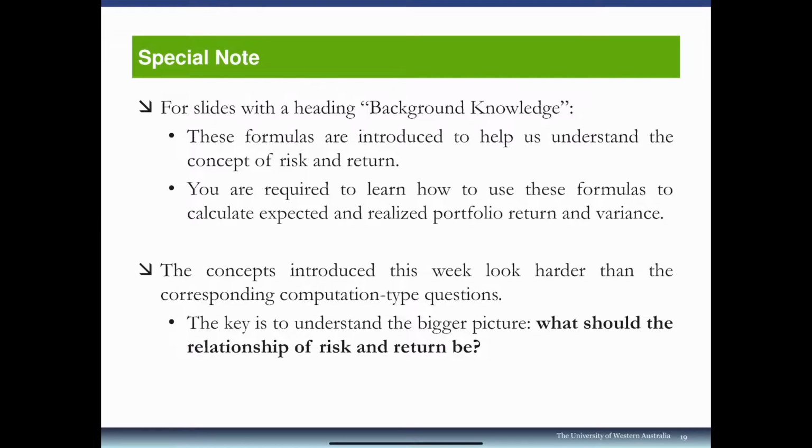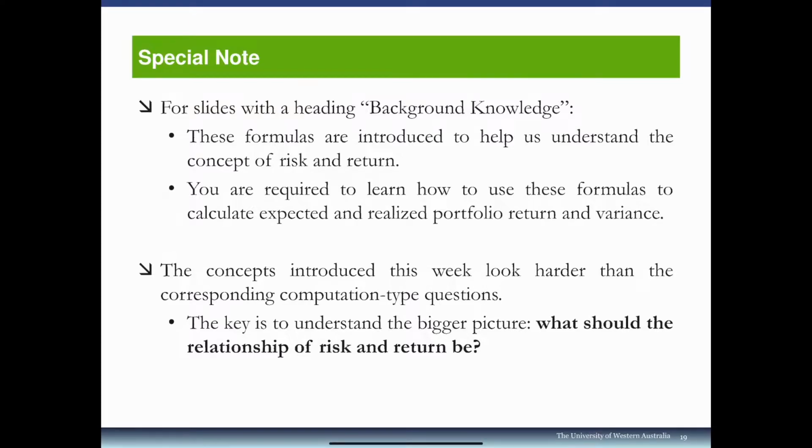I think that's covering 11.1. The concepts introduced this week actually look harder than the corresponding computational questions. I could teach risk and return in a finance PhD level unit, and I would probably go through it in 6 hours with different journals and model matrix derivations.